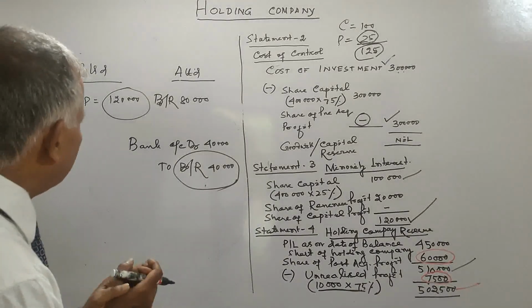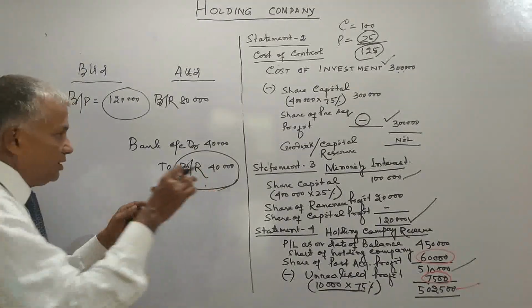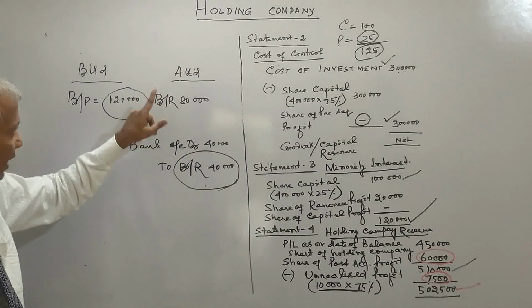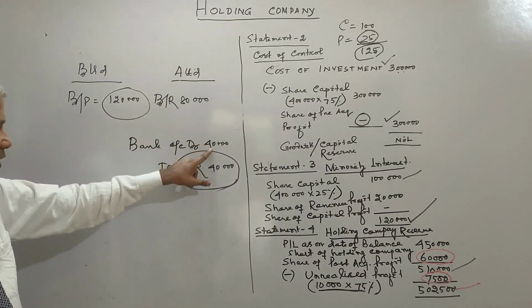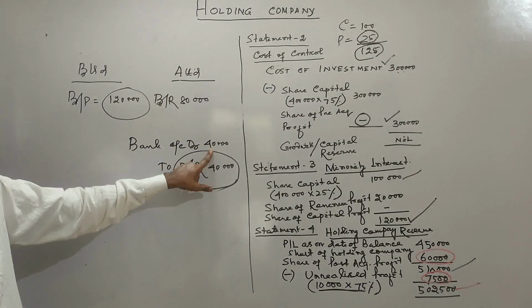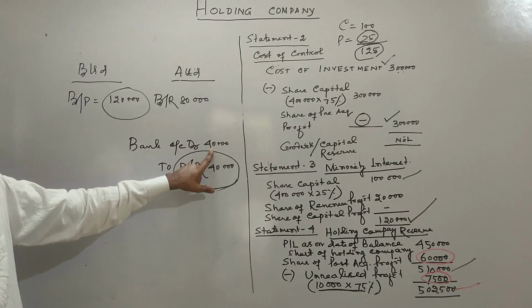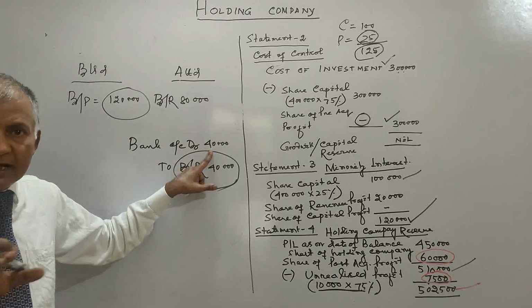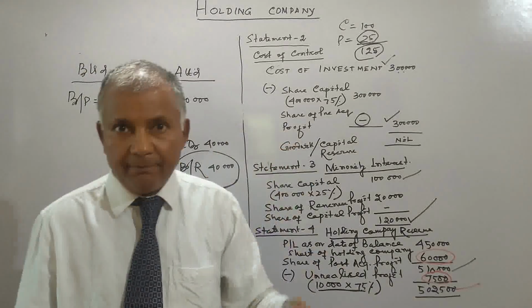Therefore, 40,000 has been taken out of bills receivable to the bank, and this 40,000 is a contingent liability for A.